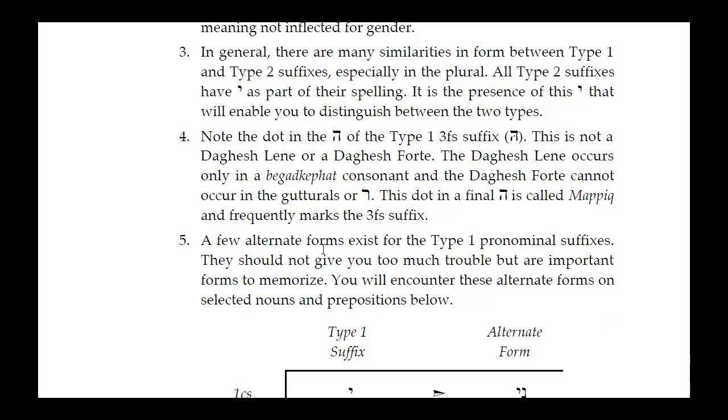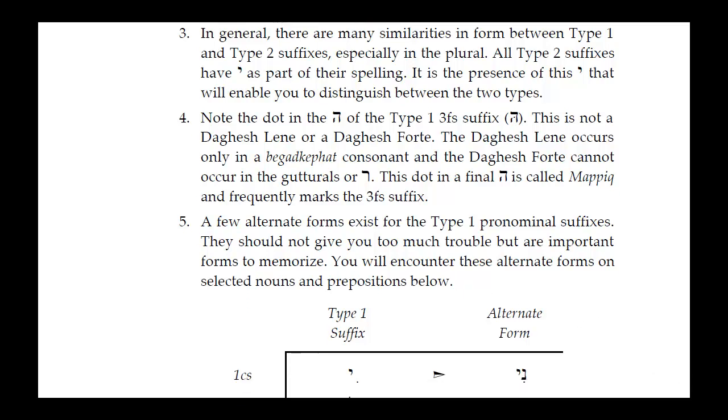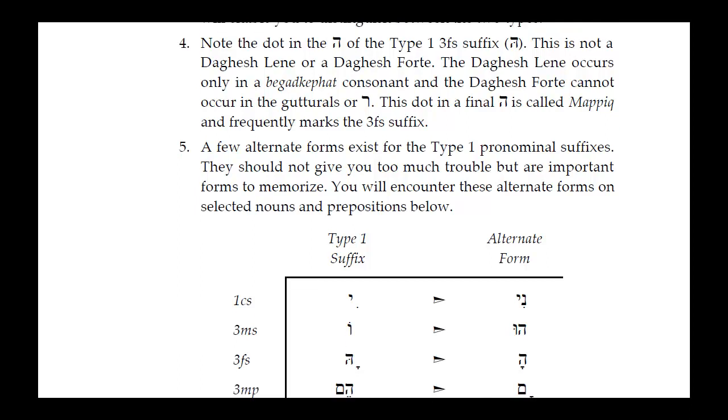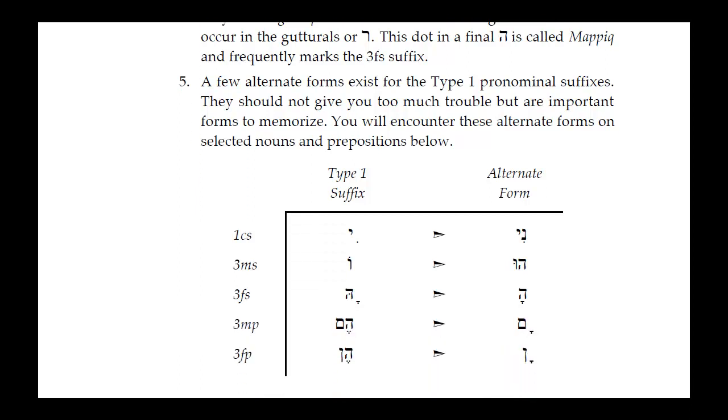Now, there are a few alternate forms in existence for the type 1 pronominal suffixes. They should not give you much trouble, but are important forms to memorize here. You will encounter these alternate forms on selected nouns and prepositions below. So let's look at the type 1 and then the alternate form. We have again the hireq yod, i, and then we have sometimes the alternate form for first common singular.